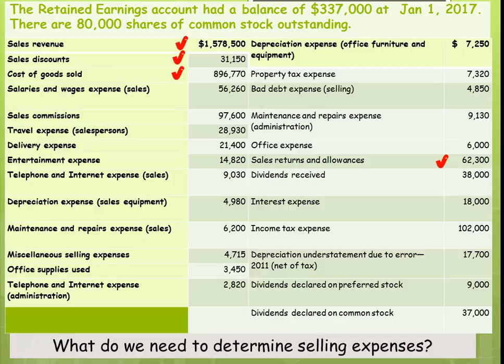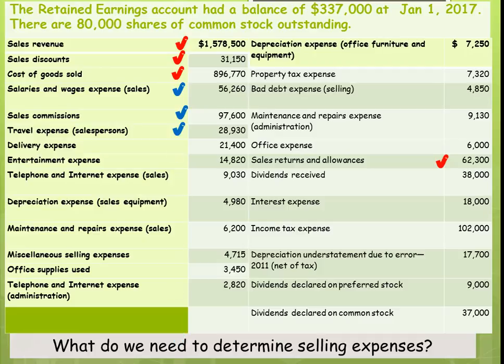Now we're going to determine our selling expenses. So we're going to go through this list, and in some cases it tells us it's sales, and in others we have to make the assumption that they're sales because of the nature of the expenditure itself. So we would include salaries and wages because it says sales. We'd include sales commissions. We'd include travel expenses.